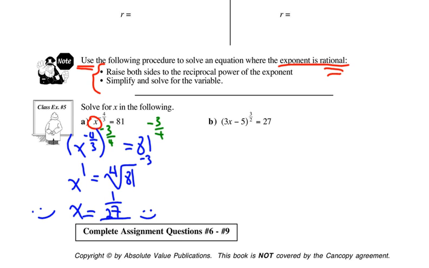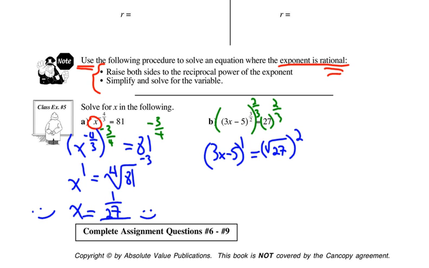And in this example here, we use that same idea. If I want to blow up that 3/2, I simply raise it to an exponent of 2/3. When I do that, I get 3x minus 5 to the 1. Those two fractions multiply and blow each other up. The cube root of 27, all to the 2, gives me 3x minus 5 to the, whoopsie, we forgot to put a cube there.